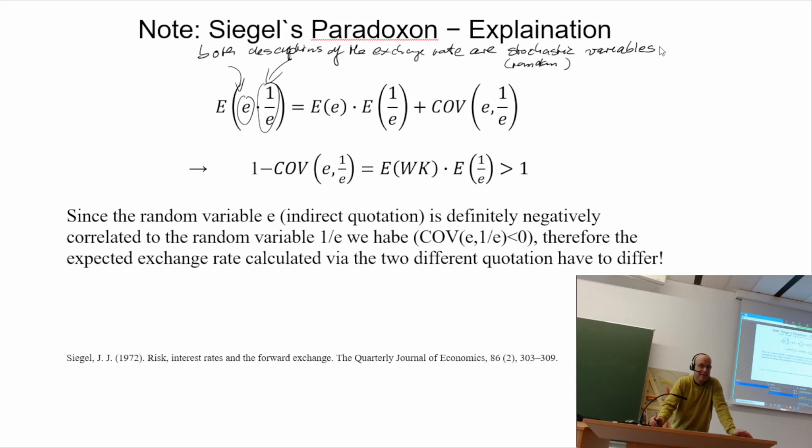And what would be the case if we are calculating the expected value of a product, E of E times 1 over E? This is just 1, of course, because E and E are canceling. And what is the expected value of a fixed number?